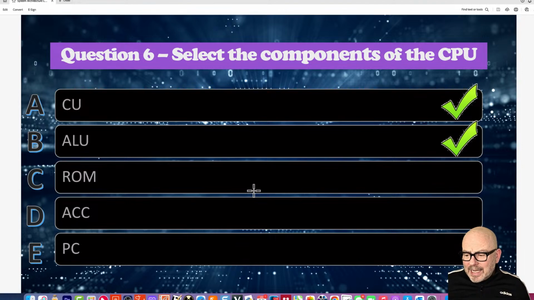Is there any area of the syllabus that you would like me to cover next week? I've got a plan to go through the entire specification between now and the exam. However, if there are areas that you feel you're particularly weak on, let me know in the comments, or you can tell Mr. Valley Godfrey and he can tell me.